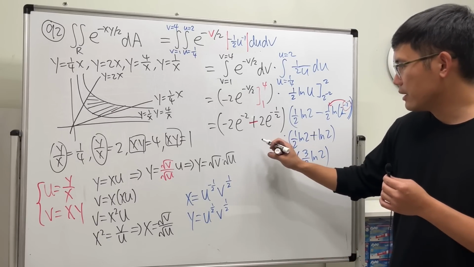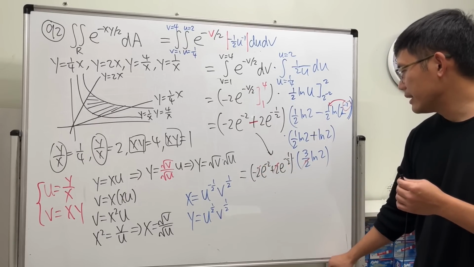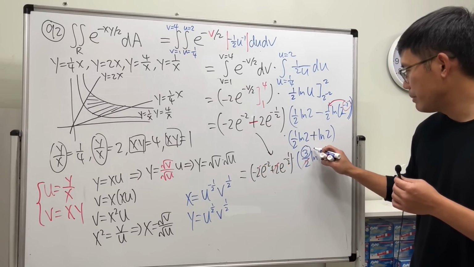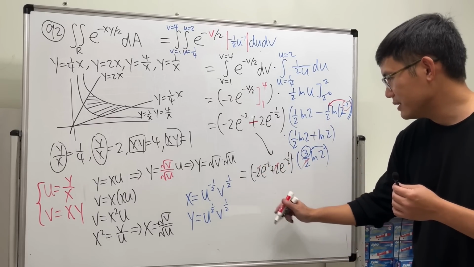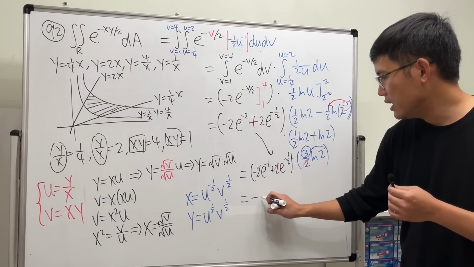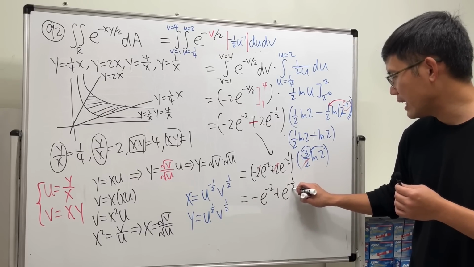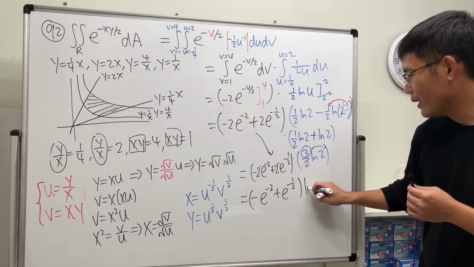And then this part is still this, cancel. And then let's put a 3 back here to the power. So ladies and gentlemen, we get negative e to the negative 2 plus e to the negative 1/2 times ln 8.